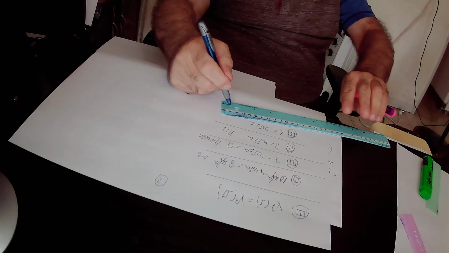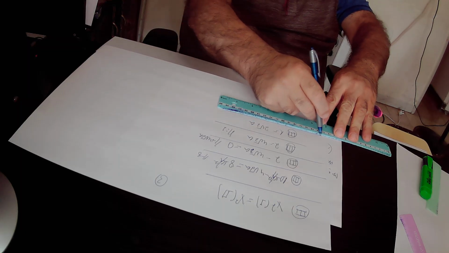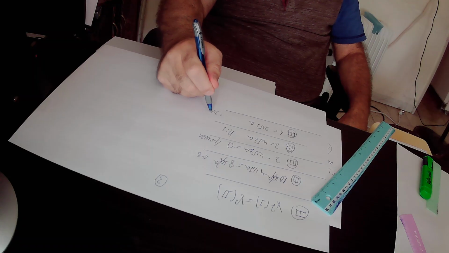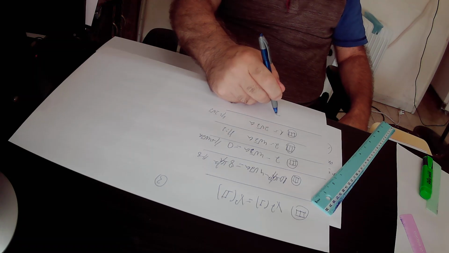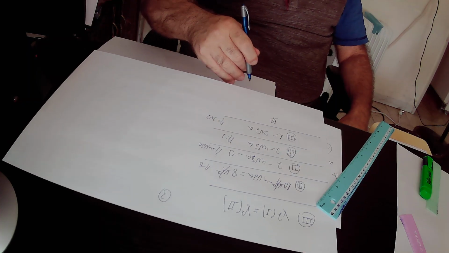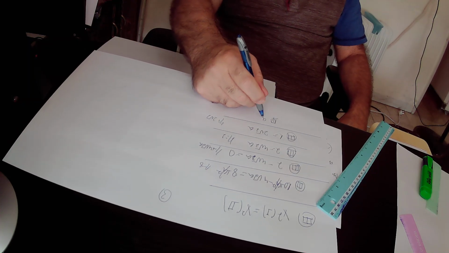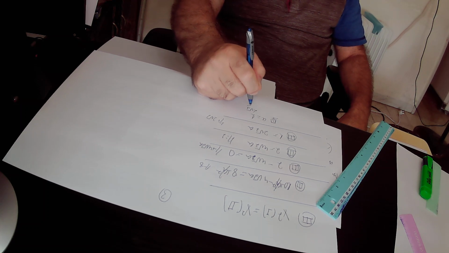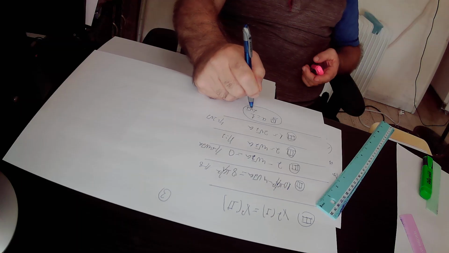So 1 equals 2 times square root of 2 times a. Here we divide equation 3 by 2 times square root of 2, and finally get that a equals 1 over 2 times square root of 2.